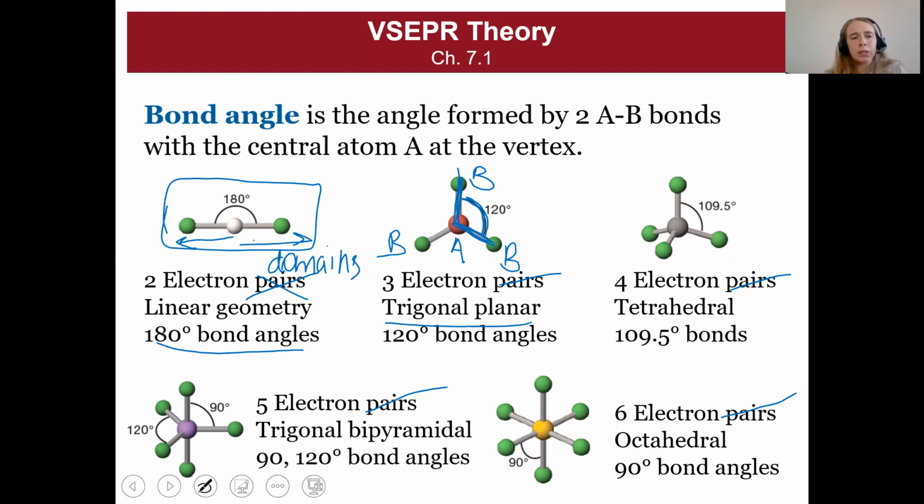Trigonal planar is when we have 3 electron domains, and those electron domains are all 120 degrees away from each other. So our bond angles are all 120 degrees. This is our tetrahedral molecule, like CH4. We have 4 electron domains and a tetrahedral shape.